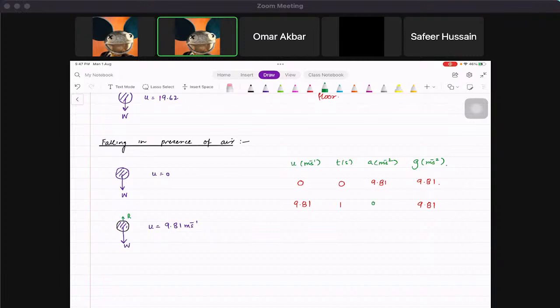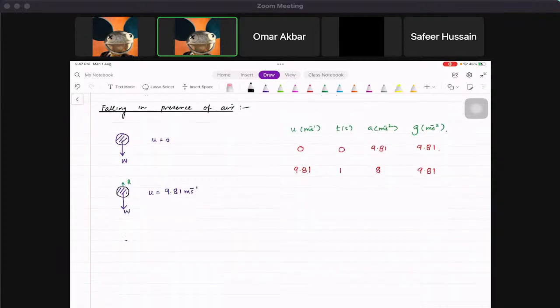Now the new acceleration becomes 8. In the next second, when it falls, the weight is still the same, and the new velocity would be 9.81 plus 8, which is 17.81. The air resistance will further increase, because as the speed increases, air resistance increases.